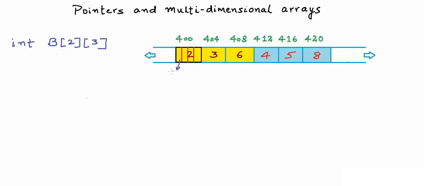You can imagine a block of 4 bytes, something like this. The starting address is 400. Let's say each partition here is 1 byte. So the next byte has address 401, the next one has address 402, and the next one has address 403.